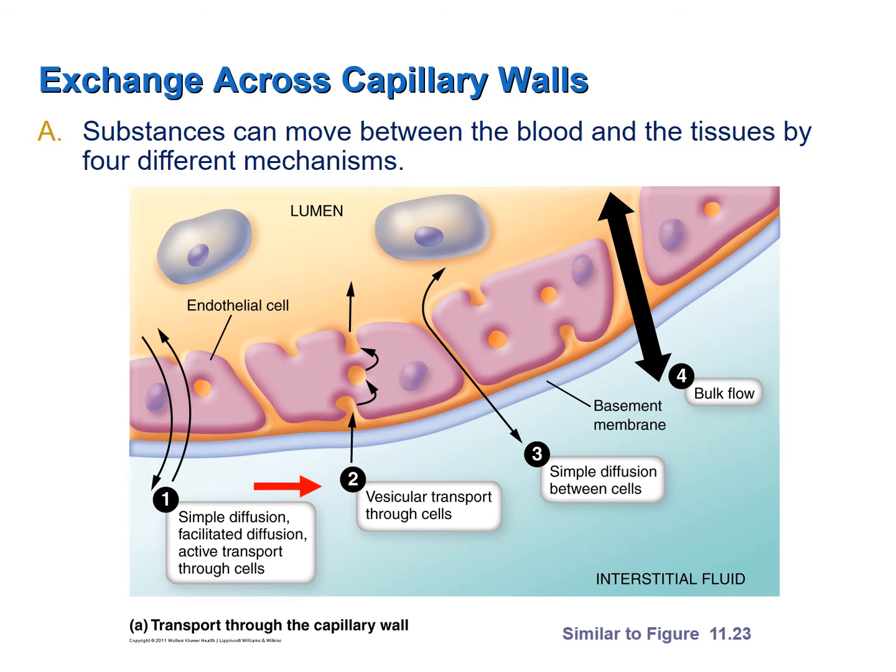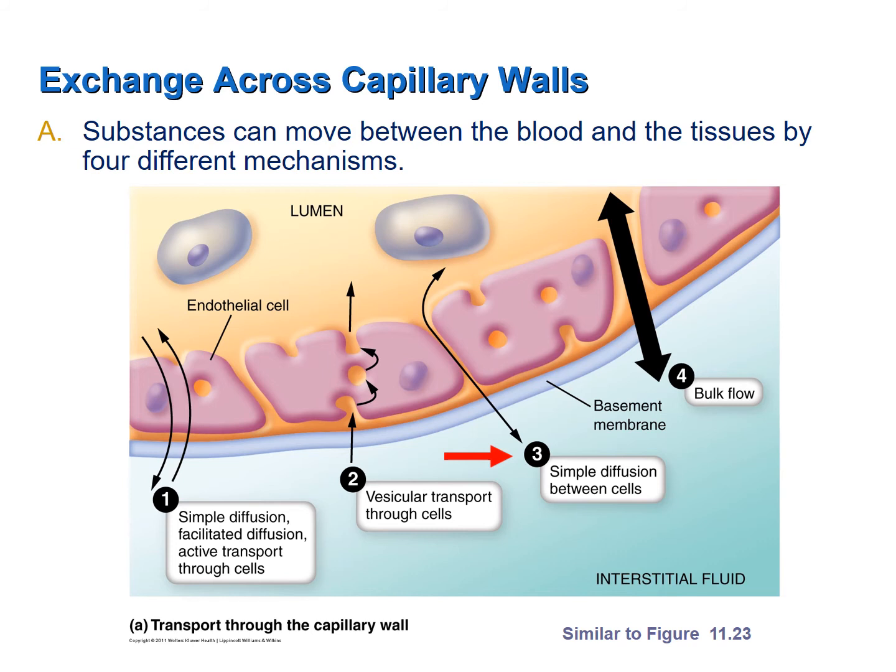Some capillaries have gaps between their endothelial cells, which allow some substances such as glucose or ions to diffuse down their concentration gradient either into the lumen of the capillary or out of the lumen of the capillary.